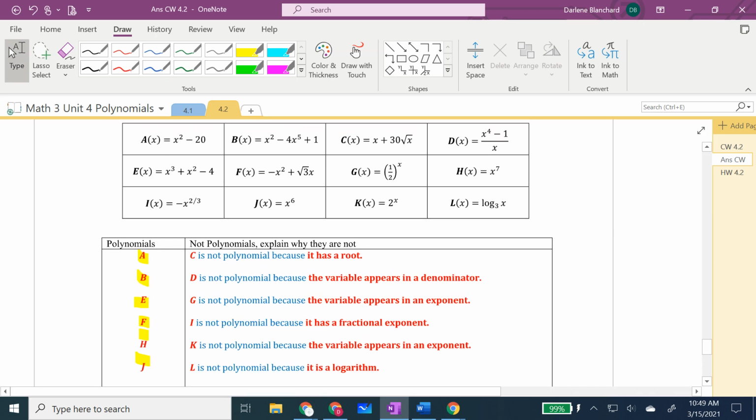And all we had left to look at not being polynomial was letter G, the variable is not allowed to be in the exponent if it's polynomial. I, it has a fraction exponent. K, similar to G. X shouldn't show up in the exponent, and logarithms just aren't polynomial.